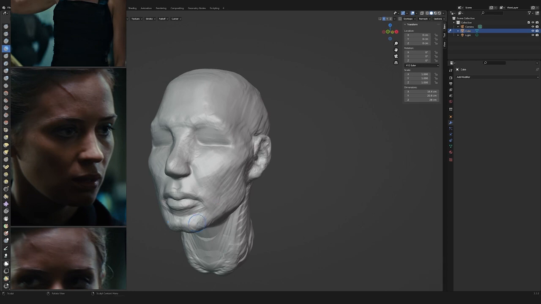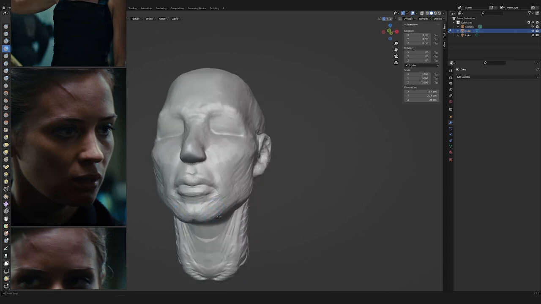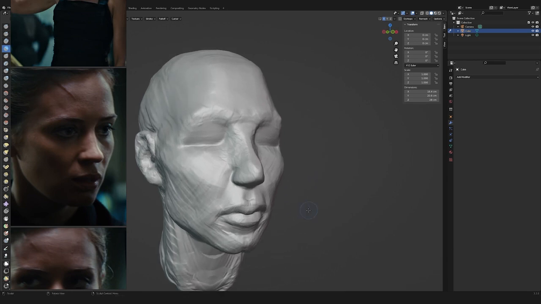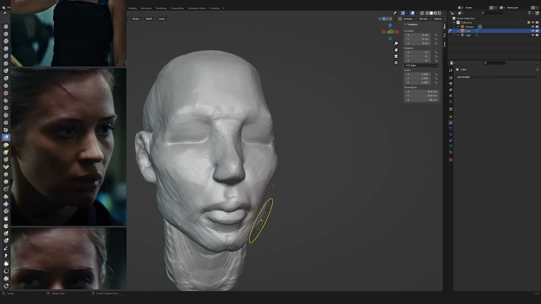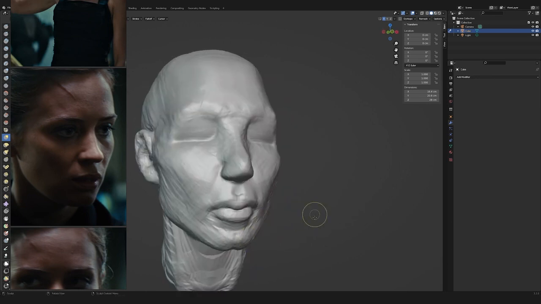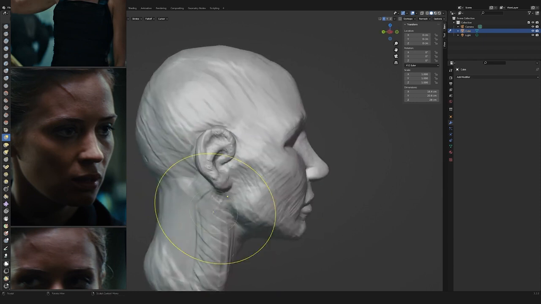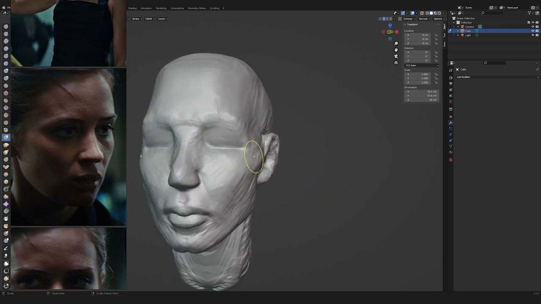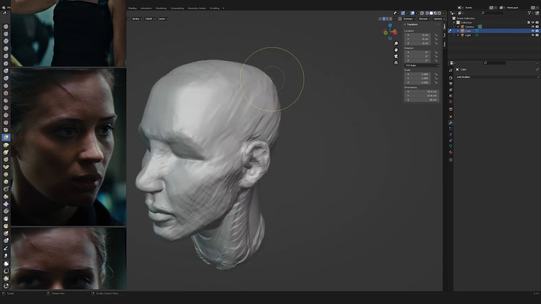But this is why I really love to still be practicing head sculpting nowadays, because I believe that head sculpting is one of the hardest things that we can sculpt, because we have a part of our brain that is so good at recognizing faces and likenesses. We have a supercomputer in our brain when it comes to spotting faces and reading faces, that we are really, really good at telling when something is off or not when it comes to sculpting something.